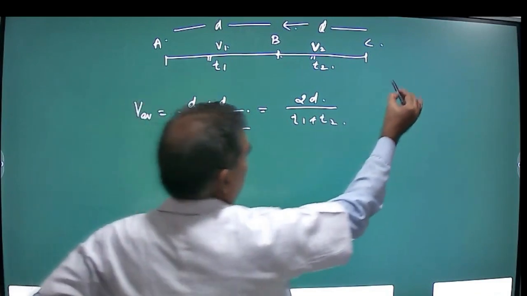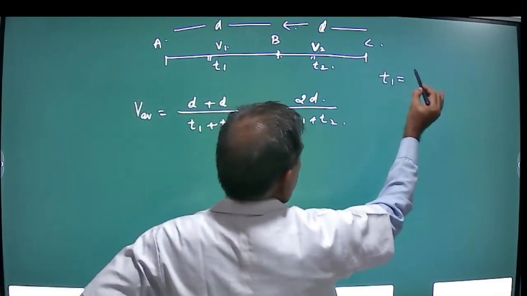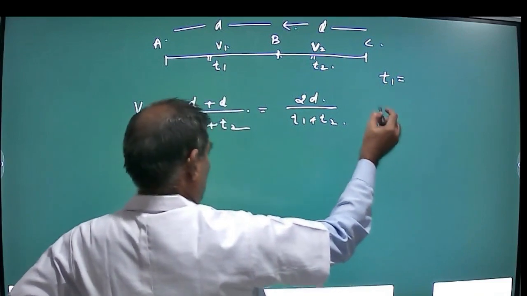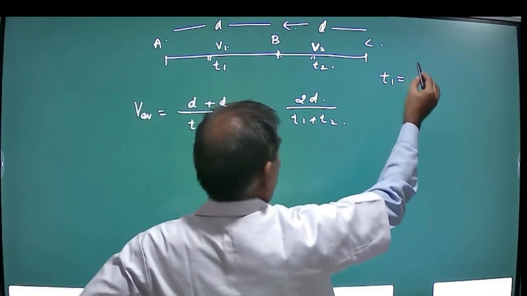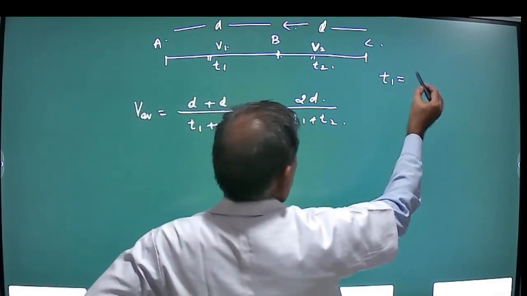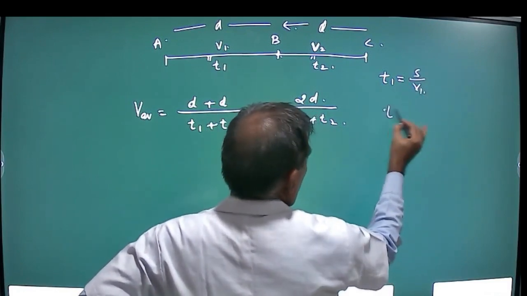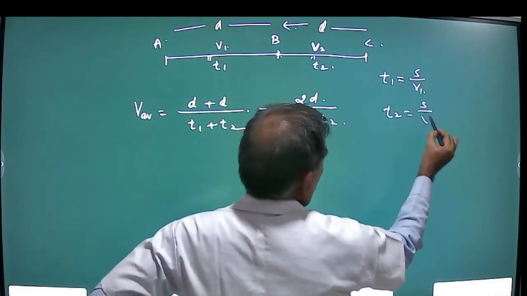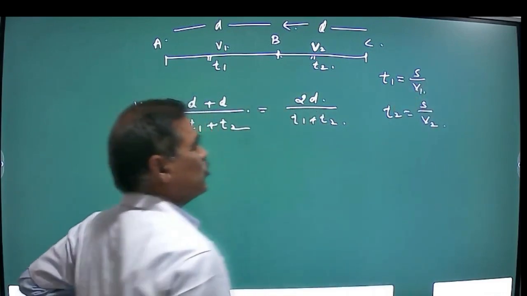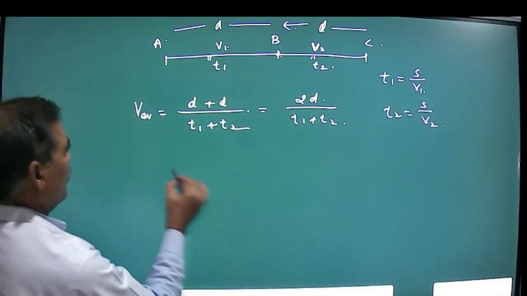And what is T1? T1 is nothing but S upon V1, and T2 is equal to S upon V2, because S is equal to V into T. So write down the value.